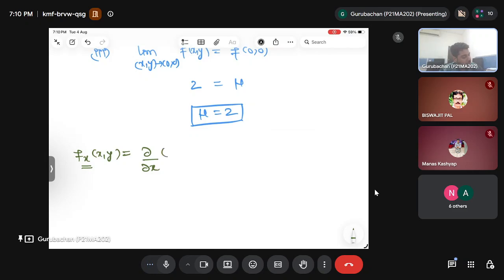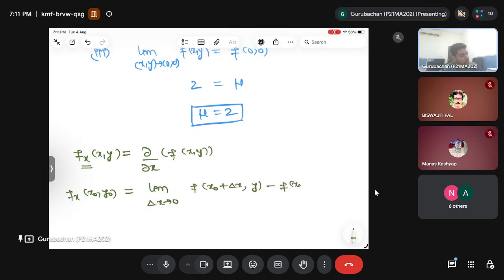So this will be of f(x, y). And what is the definition of this one? Limit delta x tending to 0. Let me write it for some (x naught, y naught), where x will be changed. So this will be f(x naught plus delta x, y naught) minus f(x naught, y naught), because we are not changing y naught, divided by delta x.